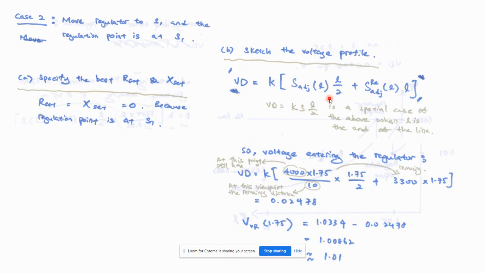In 1.75 meter, you can calculate the load on the feeder. This is S adjusted, ADJ for adjusted. So S adjusted as a function of L means that the S adjusted value should reflect the length of the feeder. So in 10 meter, you have 4,000, in 1.75 meter, you have how many?